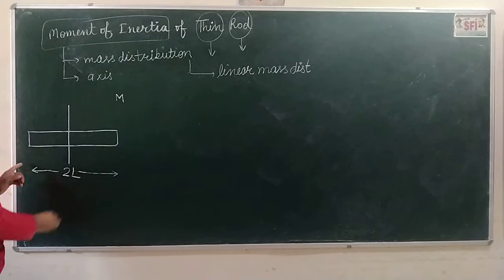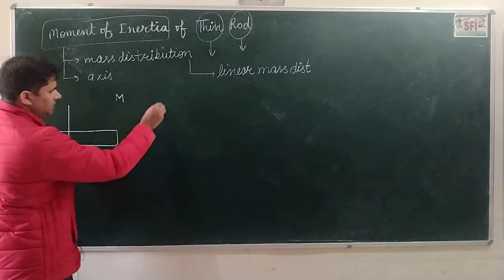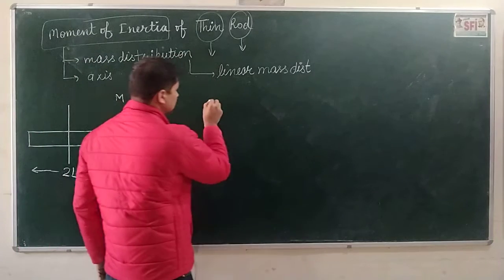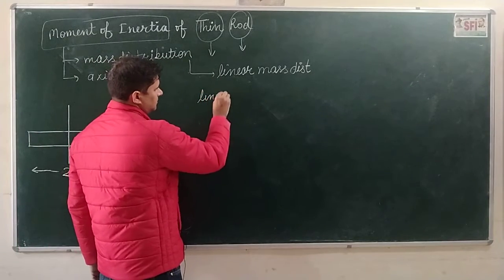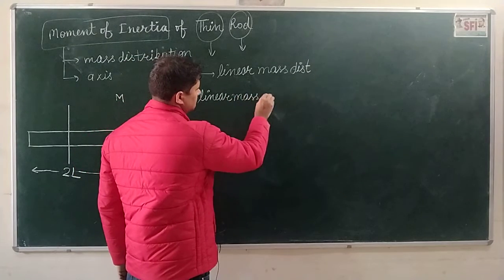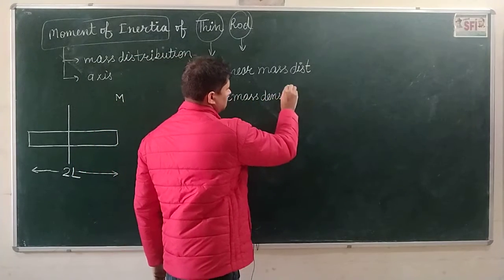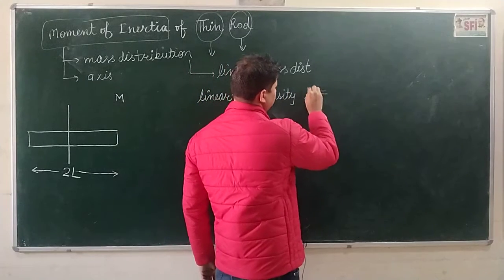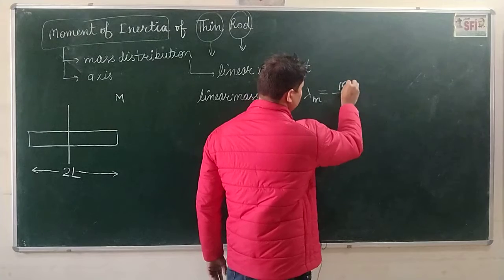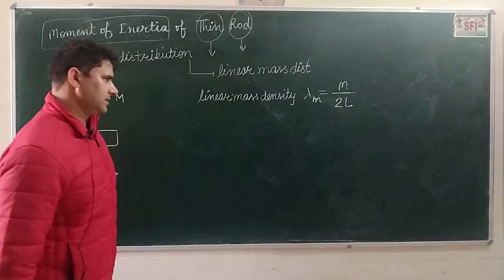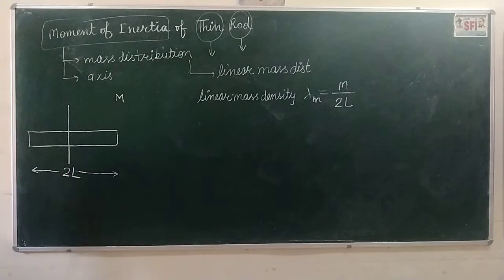So if you find the linear mass density, that is lambda m, this will be the total mass of the rod divided by the total length. So this is the linear mass density.